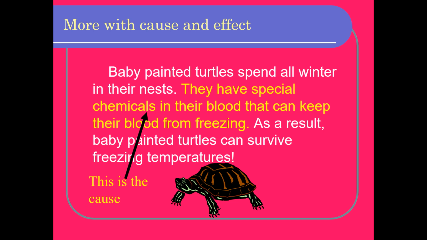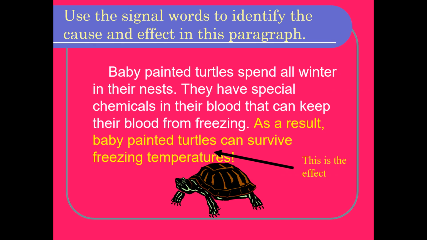Here's your cause: they have special chemicals in their blood that can keep their blood from freezing. Because they have that special chemical, what is the effect? As a result, your effect is baby painted turtles can survive freezing temperatures.